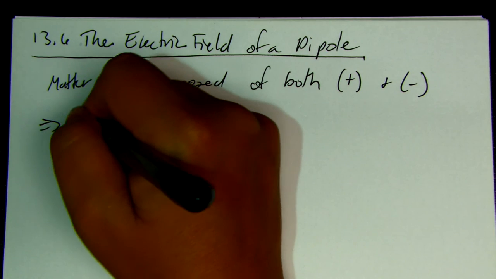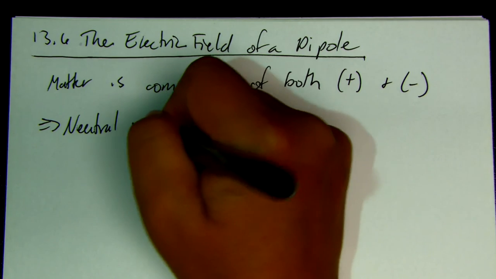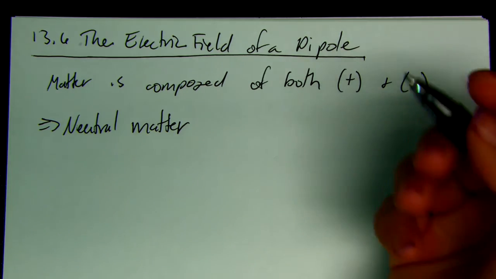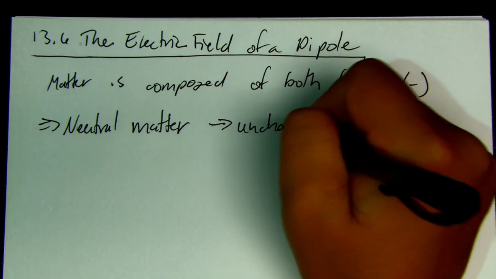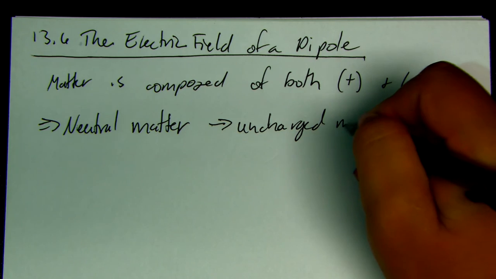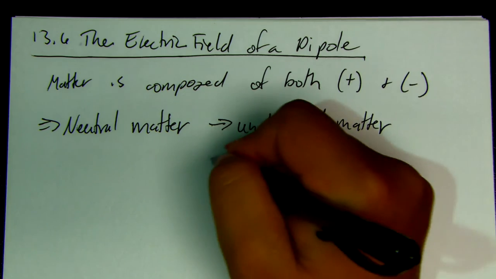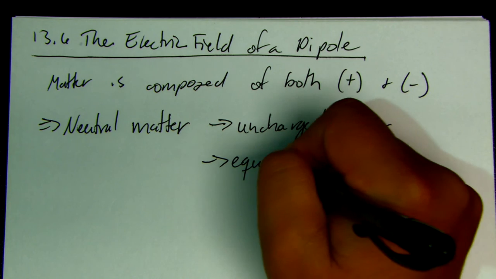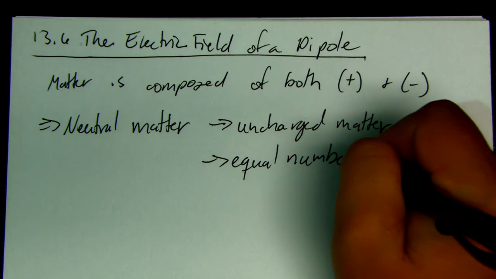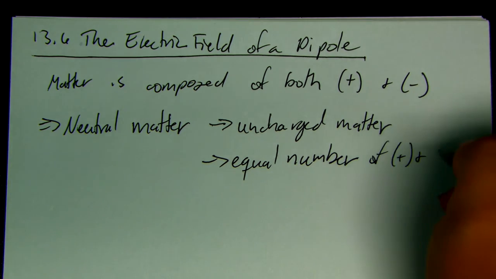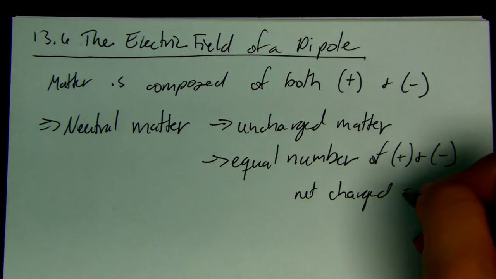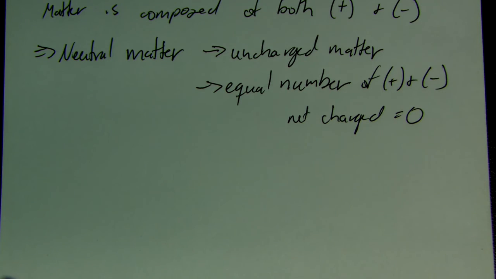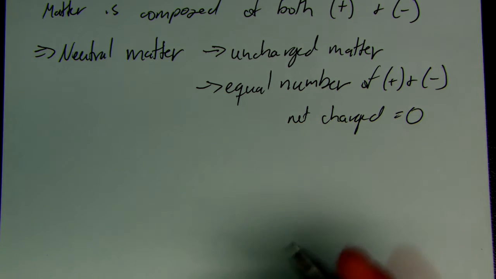And when you have neutral matter, in other words, you would get a net neutral charge, it's either uncharged matter, like neutrons, or you have an equal number of positives and negatives, giving you a net charge of 0. And what we'll see is that you can still have an electric field even with neutral matter because there are still positive and negative charges.